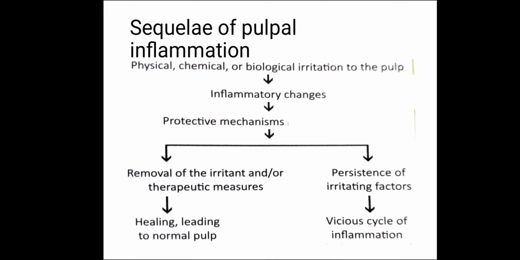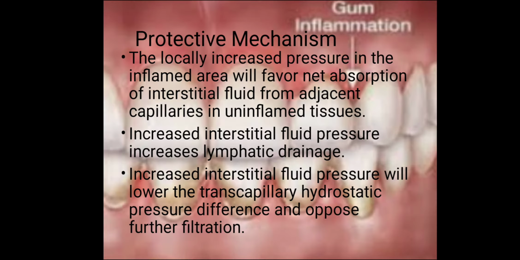If this protective mechanism removes the irritants completely, then healing of the pulp occurs. If the irritants still persist, then the vicious cycle of inflammation continues. We will be discussing this vicious cycle of inflammation.